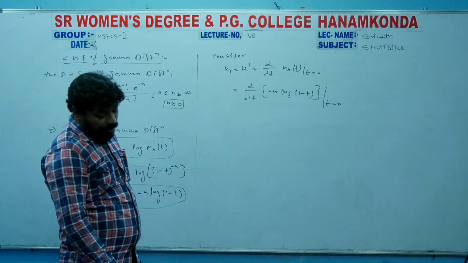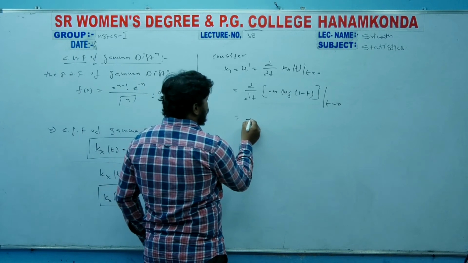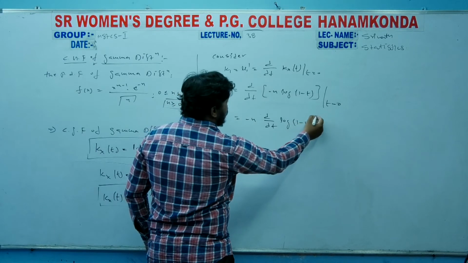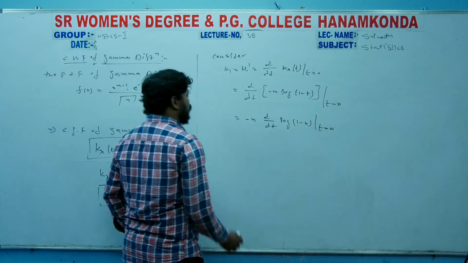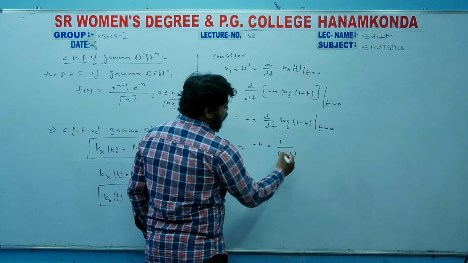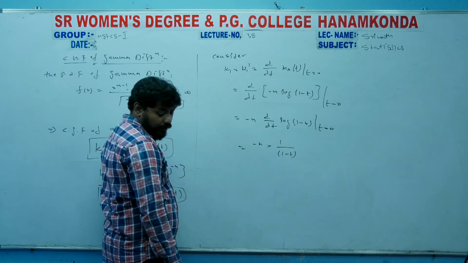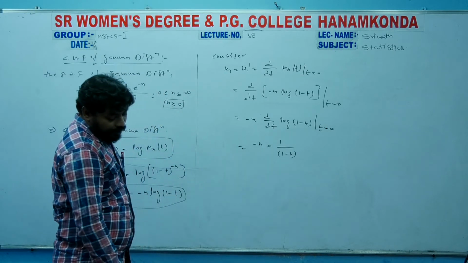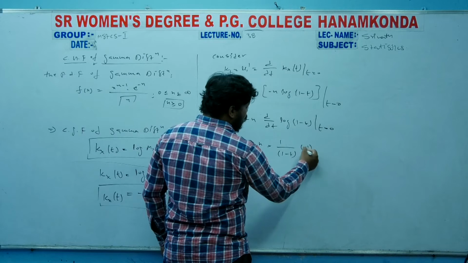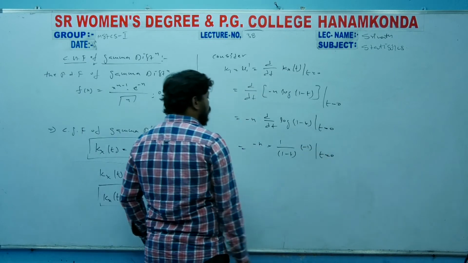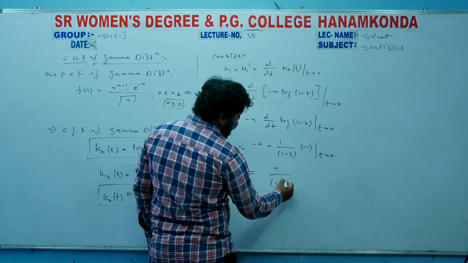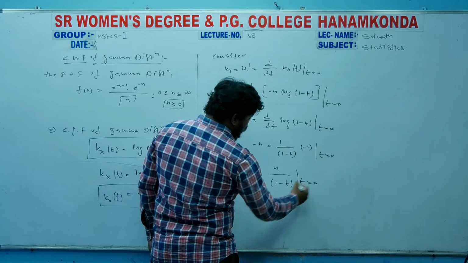Minus n is the constant, so we take it out of the derivation: minus n times d by dt of log of 1 minus t at t equal to 0, which is minus n into 1 by 1 minus t into the derivative of 1 minus t, which is minus 1. The two minus signs cancel and we get n by 1 minus t at t equal to 0.